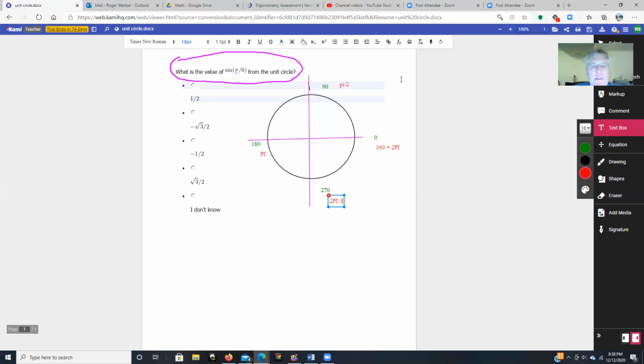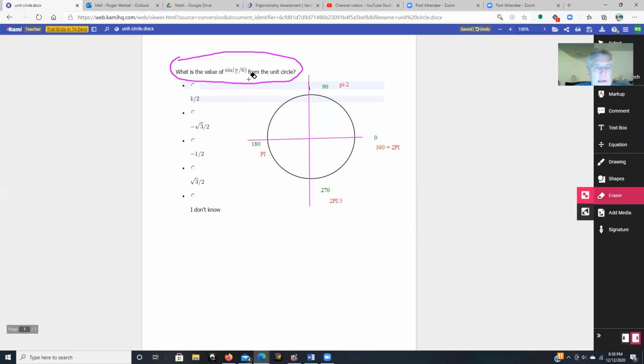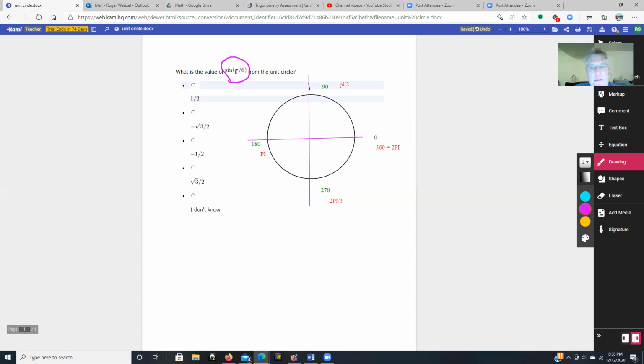All right, so this is your unit circle. Hopefully you have seen this before. This is so that we can establish what they're talking about right here. So what do they mean when they say the sine of pi over 6? Well, we know that this is pi over 2.